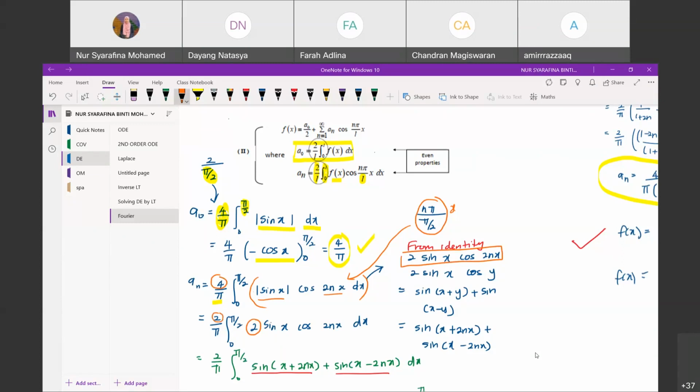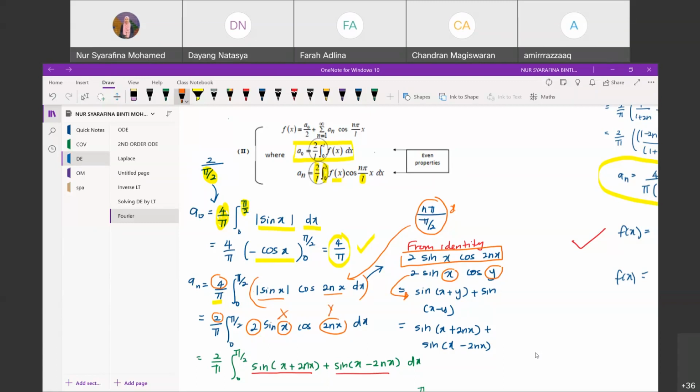Okay, is that clear or not? So now, instead of sin x cos 2nx, it becomes 2 sin x cos 2nx. So this is 2 sin x cos y, which can be decomposed by this identity into sin(x plus y) plus sin(x minus y). Okay, so this is your x, this is your y.